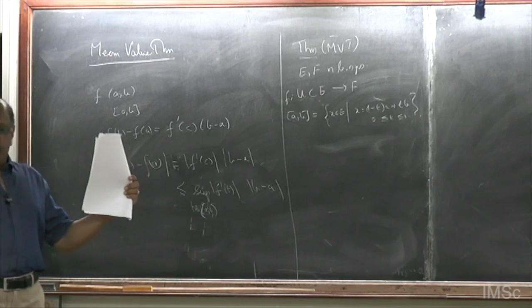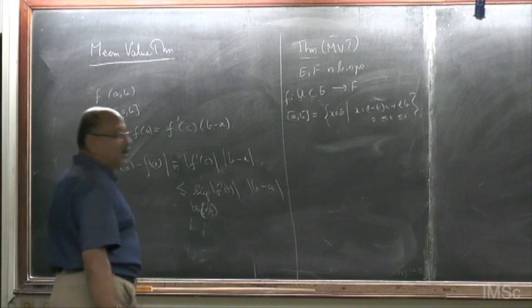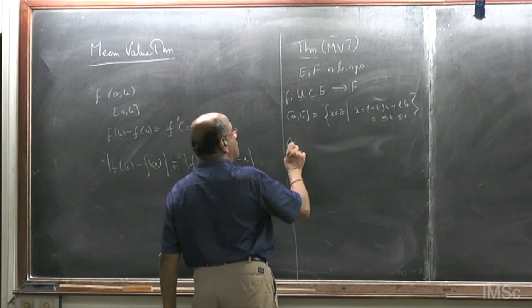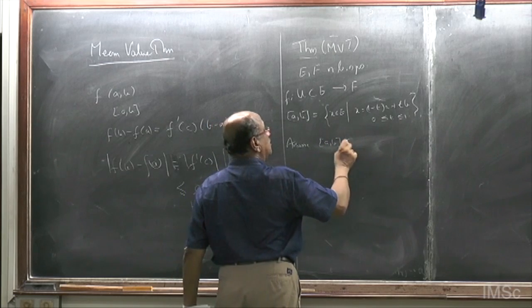So it is a line segment connecting a and b. Assume [a, b] is contained in U.